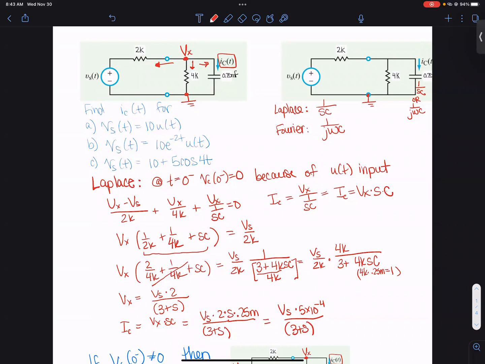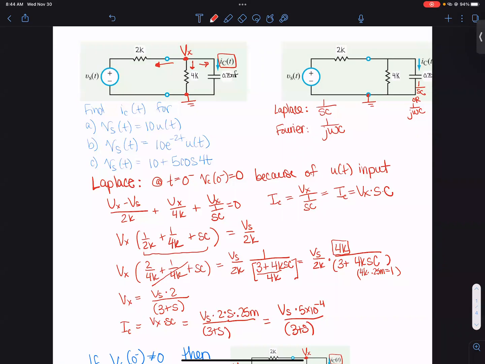That 4K goes to the top, and 4K times 0.25 milli is equal to 1. So this term then becomes 3 plus S.